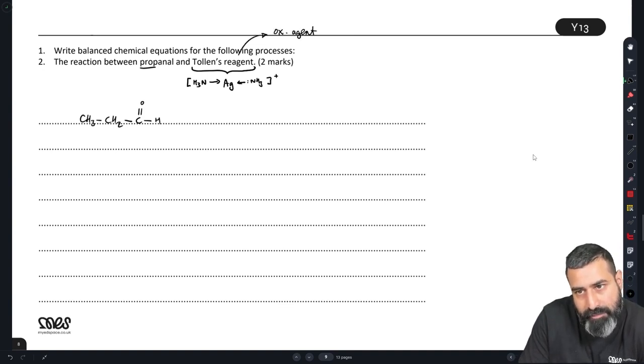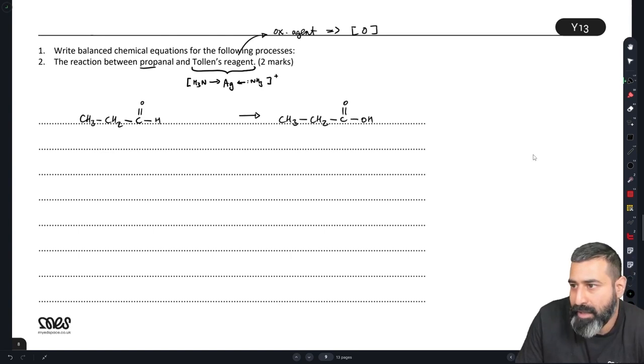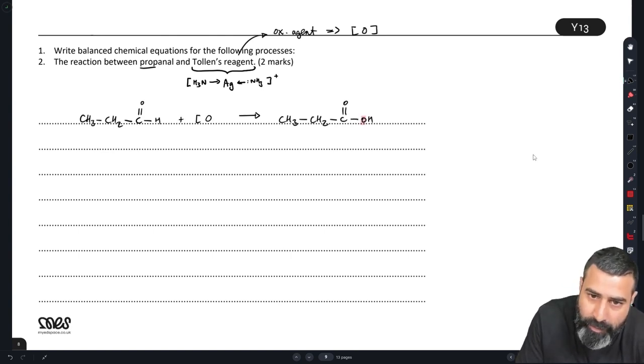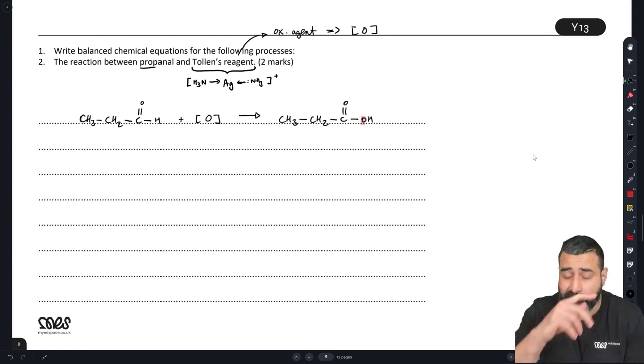It itself gets reduced, and to represent an oxidizing agent, we're just going to use square brackets and O. So the propanal goes to propanoic acid, and then literally just count atoms. We've added 1 oxygen, so we need 1 equivalent of the oxidizing agent. And there you go, with square bracket notation.